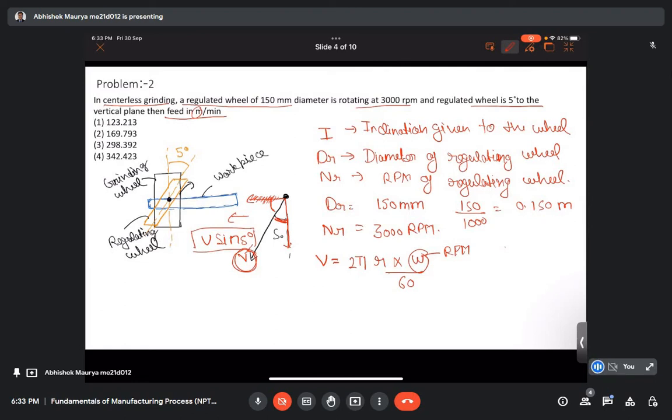And if we multiply this whole quantity by this r, we will get this velocity v.